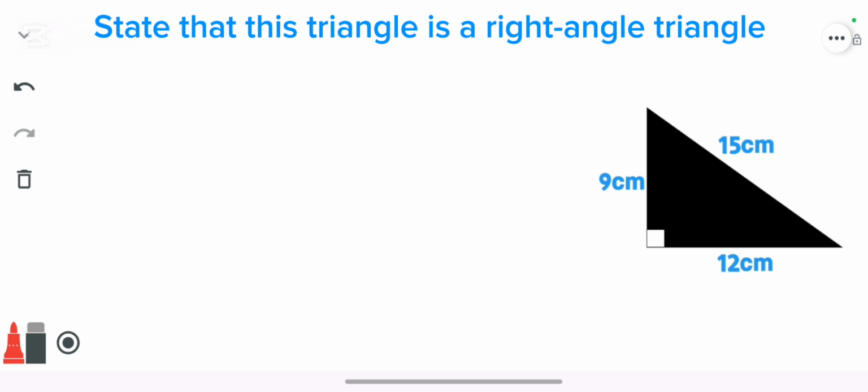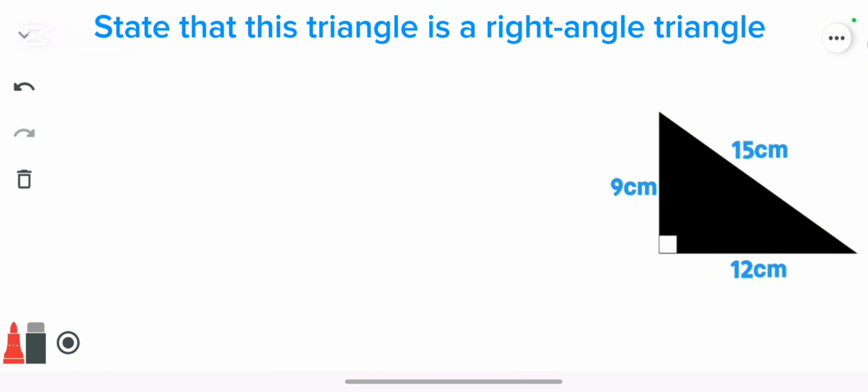So we have two sides here, and then we have the hypotenuse. 15 centimeter is the hypotenuse because it is opposite to the right angle given there, 90 degree given there, and then it is also the longest side. So yes, 15 is the hypotenuse. Alright, so now we know the different sides of this triangle.